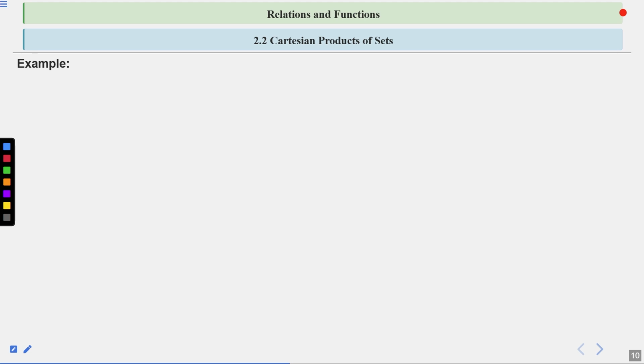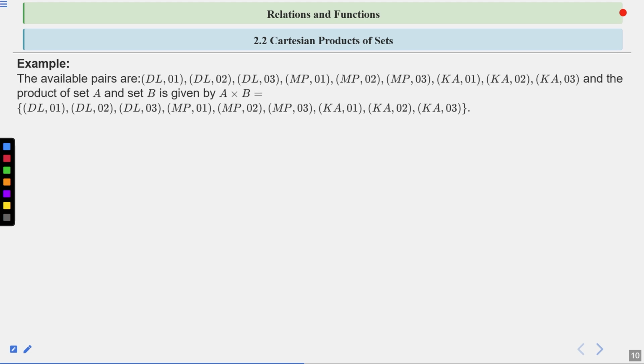Solution: very simple. The pairs are, first you must have your state, so DL, then your code: DL01, DL02, DL03. The same goes for MP: MP01, MP02, MP03, and the same for Karnataka: KA01, KA02, KA03.